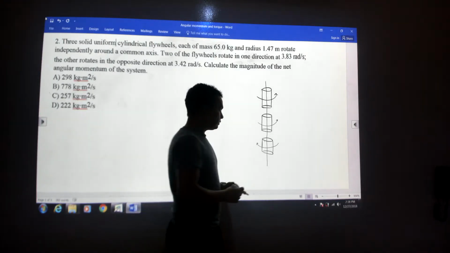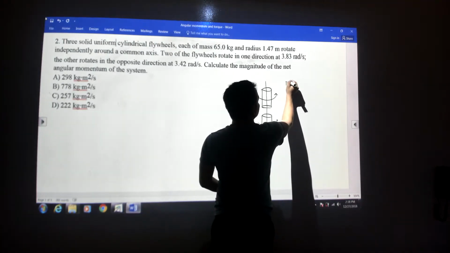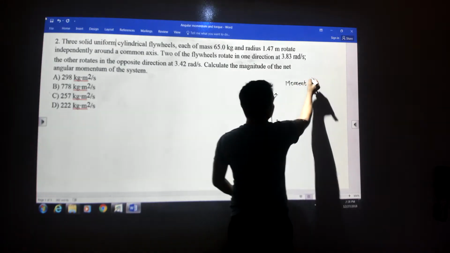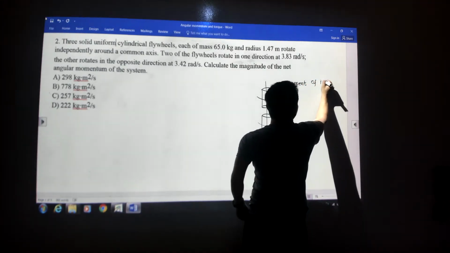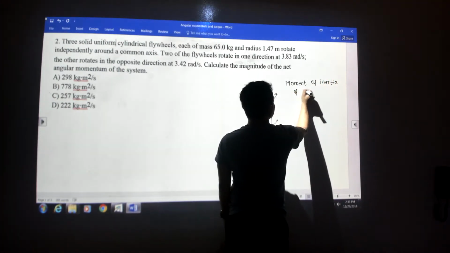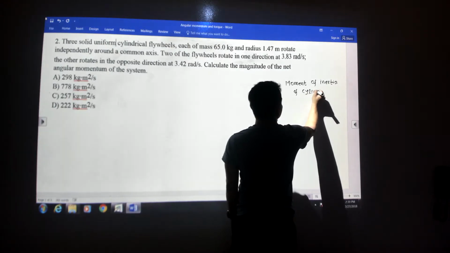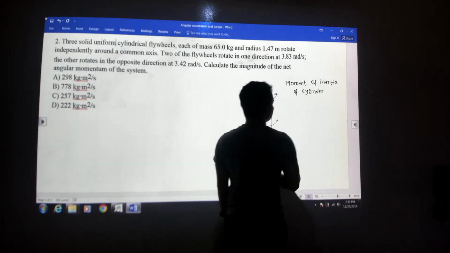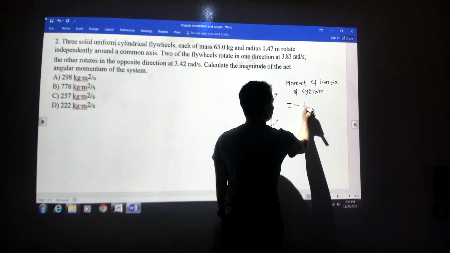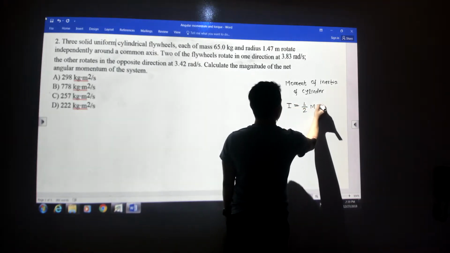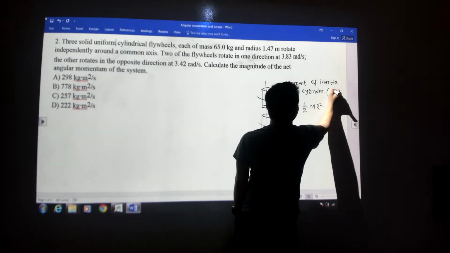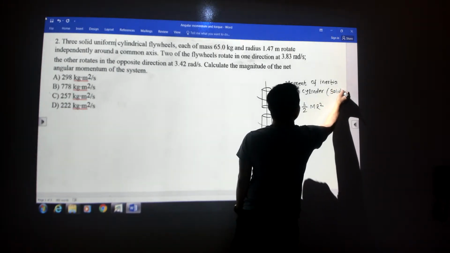We know the moment of inertia of the cylinder is equal to half m r squared. This is for the solid cylinder, not the hollow one.